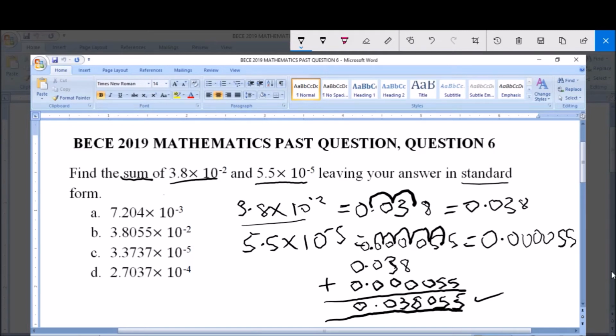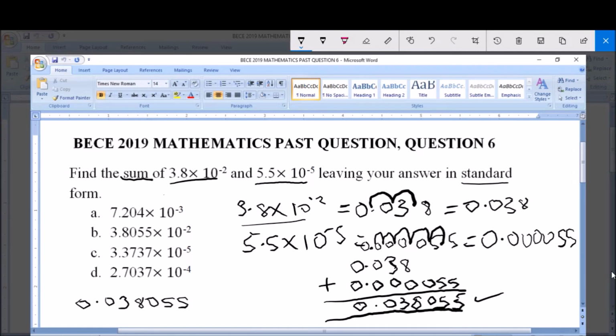Now how do we convert this to standard form? For you to convert 0.038055 to standard form, you move the decimal point to a place where you have a whole number before the decimal, and that is 2 decimal places. And for us to do this, we have to move it to the right.